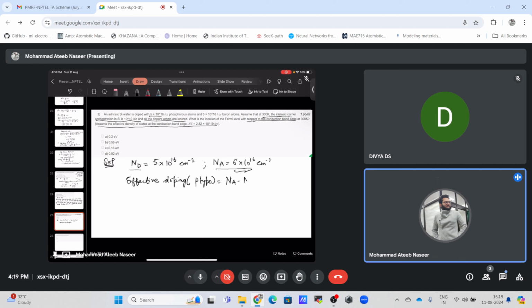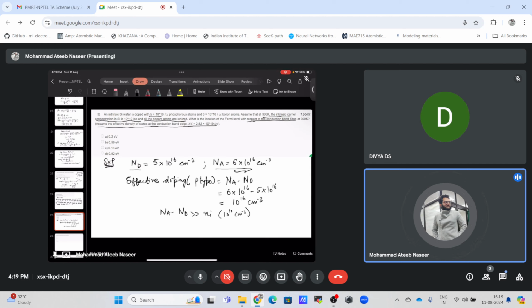Na minus Nd is 6 into 10 to the power of 16 minus 5 into 10 to the power of 16, which is 10 to the power of 16 per centimeter cube. And this Na minus Nd is also much greater than Ni, clearly, because Ni has a value of 10 to the power of 10 only, and Na minus Nd is 10 to the power of 16.